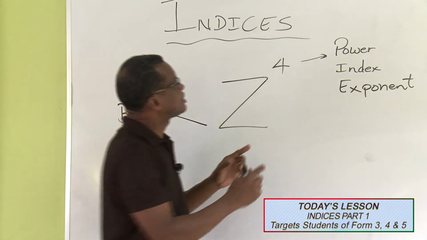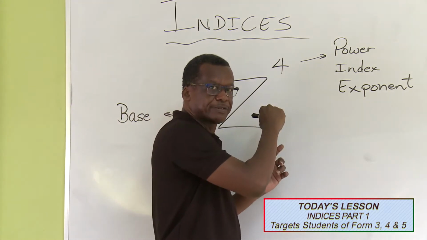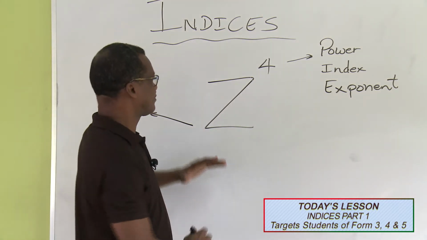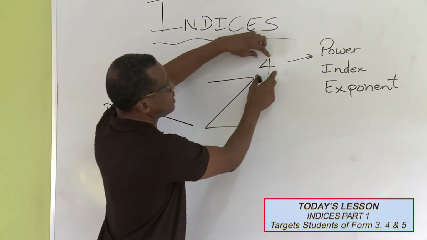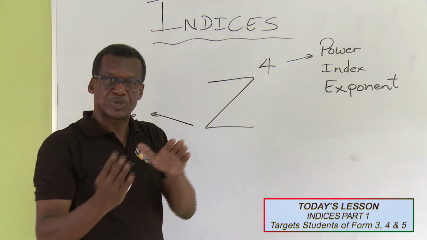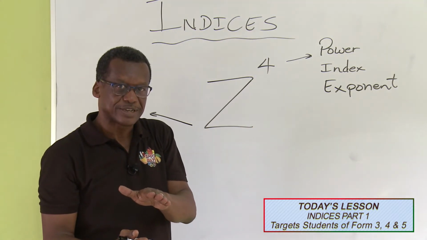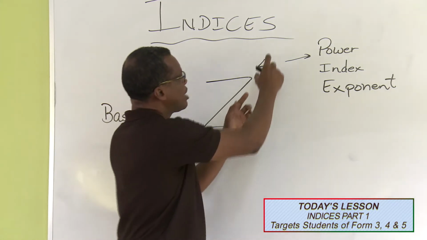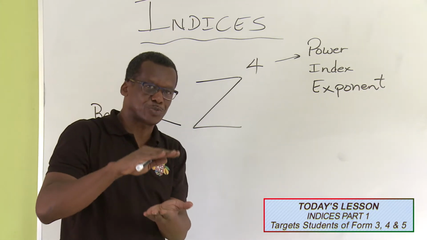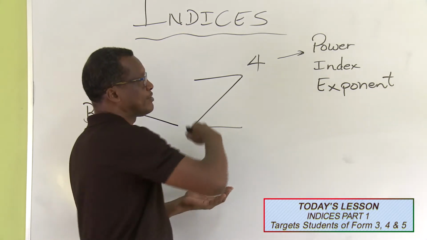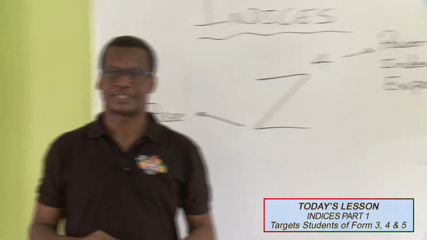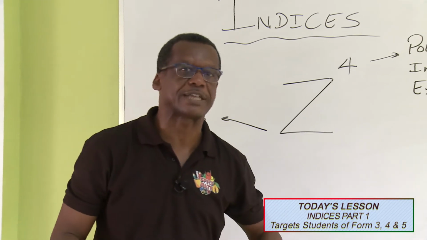And the amount of times it is multiplied by itself is called the power. But I'd like you to observe the difference in the font size between base, which is usually a bigger font size, and power, which is usually a smaller font size, and off to the right-hand side of the base. So it's important for you to observe that.